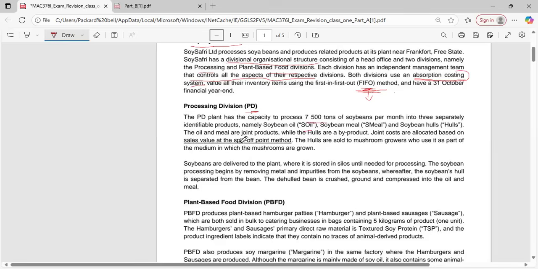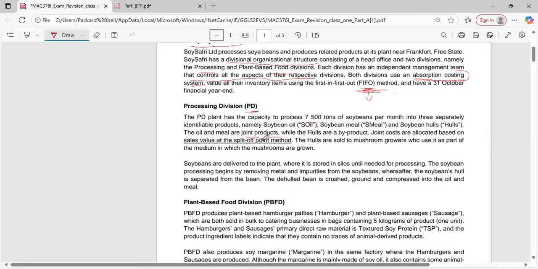Then they say the oil and the meal are the joint products. Automatically, here, it means you are focusing on joint processing and byproducts. So this is the topic that we are focusing on here.